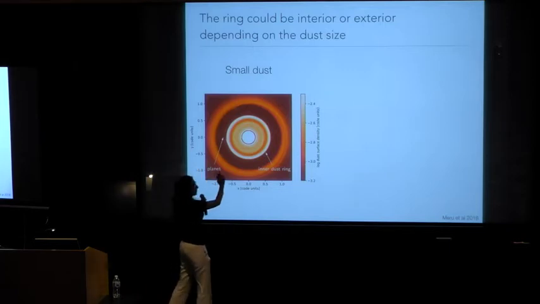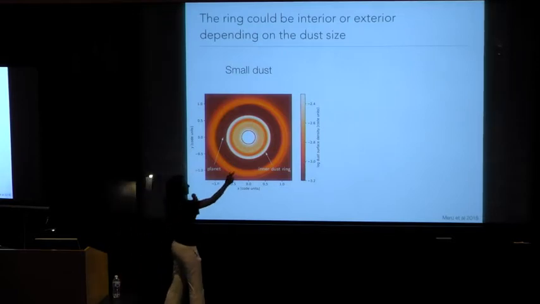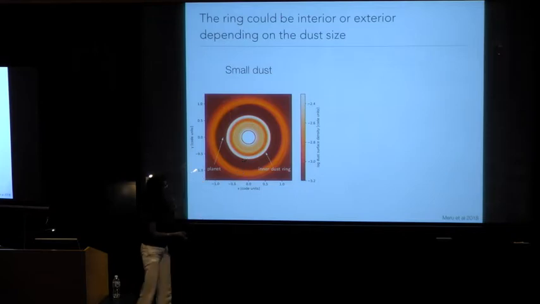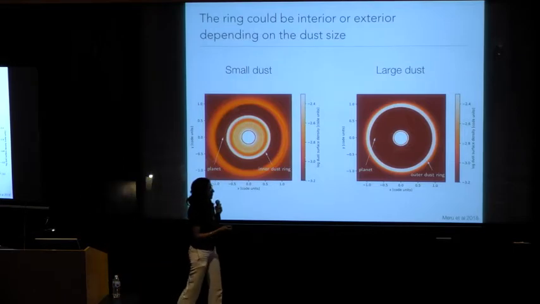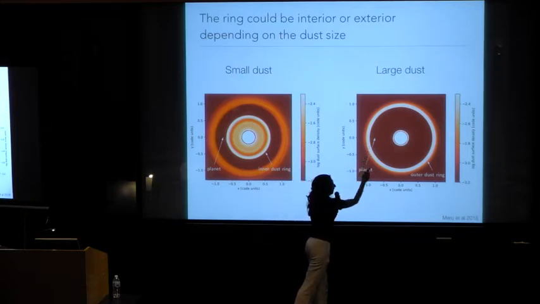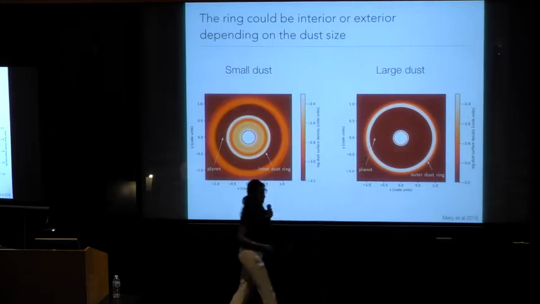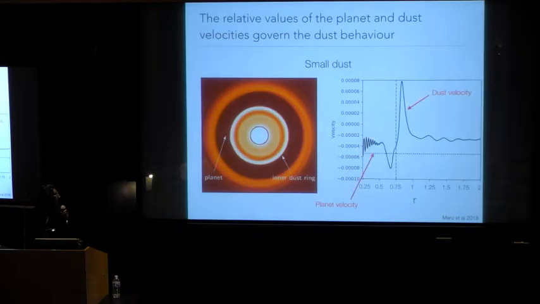We didn't find the exterior dust ring, as you've seen in the previous simulations, as we've seen for many years. But what we did see was an inner dust ring that you see here. But for large dust, the results were as we've seen before. So the planet is located here, and you have an outer dust ring. So that's no different to what we'd seen before, but the left-hand side was really quite different, and that was specifically for small dust sizes.